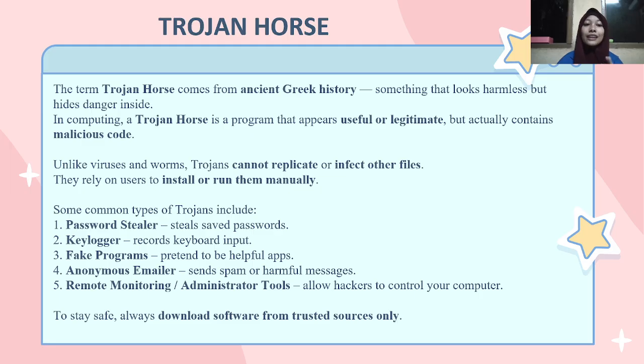They rely on users to install or run them manually. Some common types of Trojans include: one, password stealer; two, scareware; three, fake programs; four, anonymous email; and last, remote monitoring or administrator tools. To stay safe, always download software from trusted stores only.